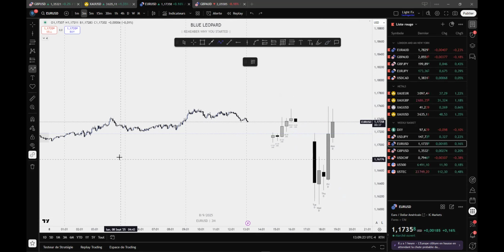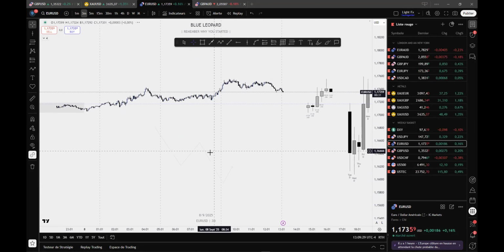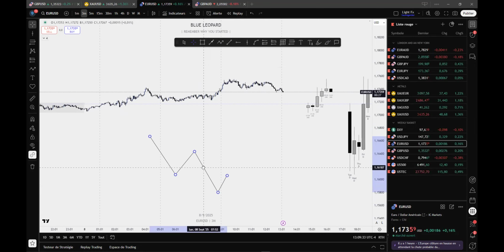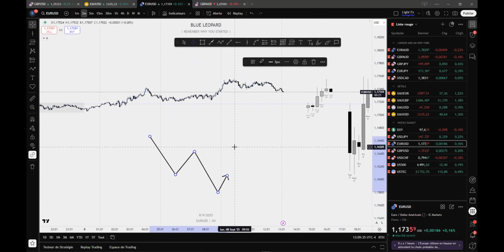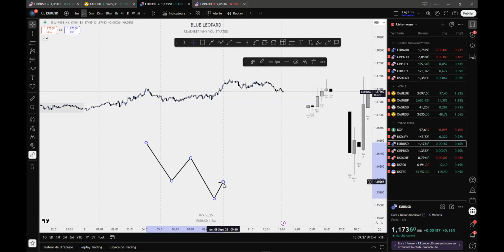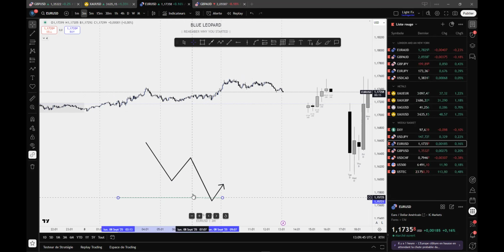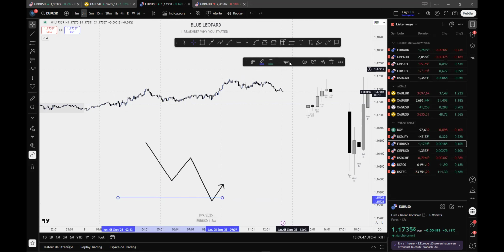What I mean by that is, if the daily is going down and then starts a reversal, look at this. Let's put this as the biggest one, the daily going down and reaching a level. On my YouTube, I've explained how to find key levels. I think we are past that now.